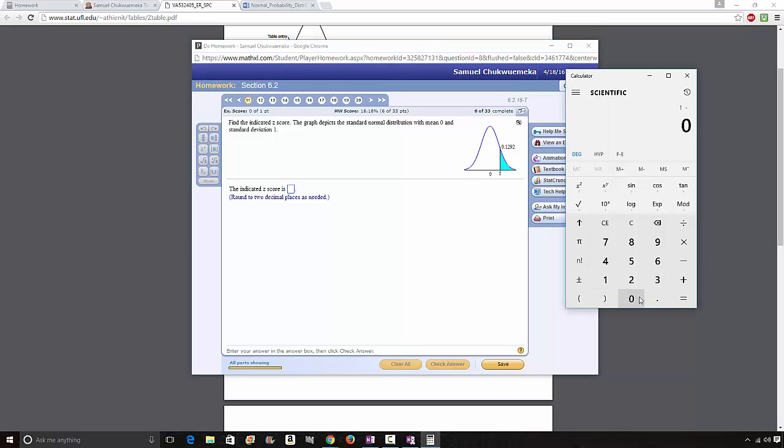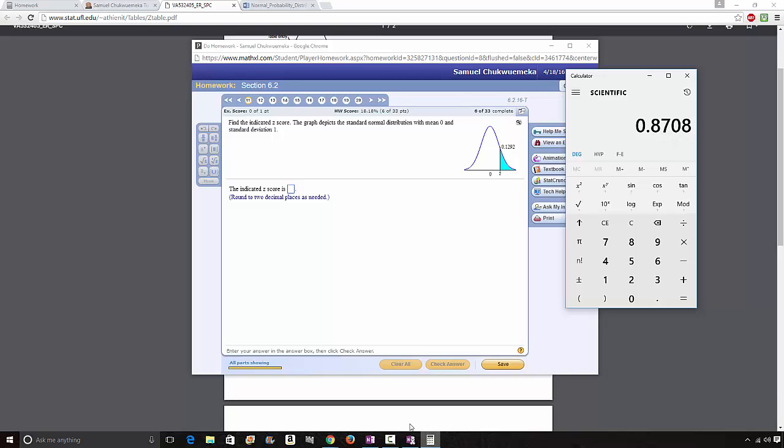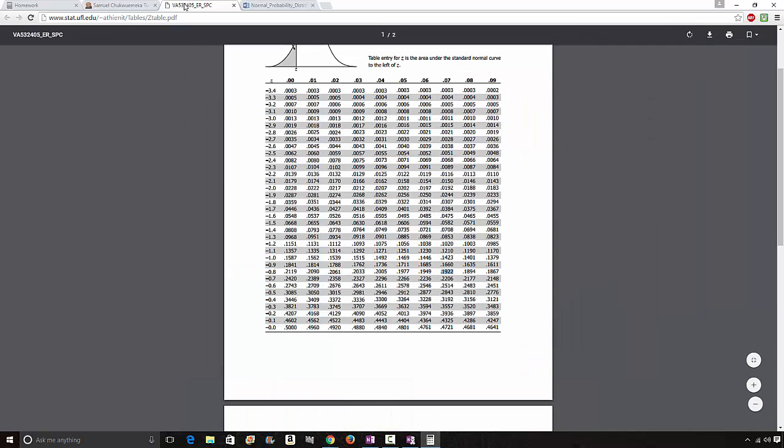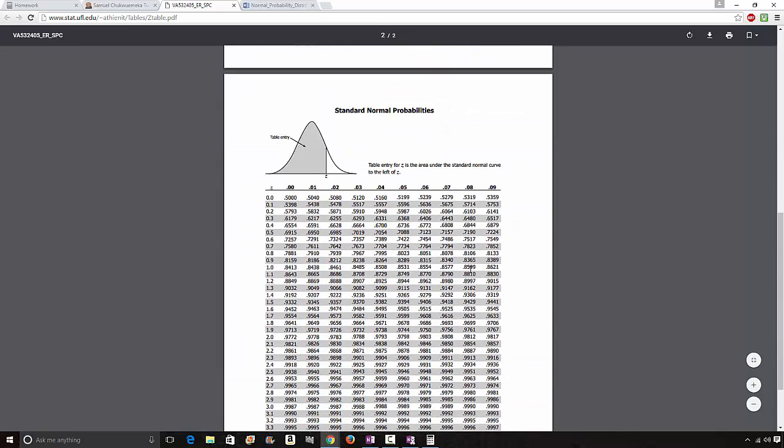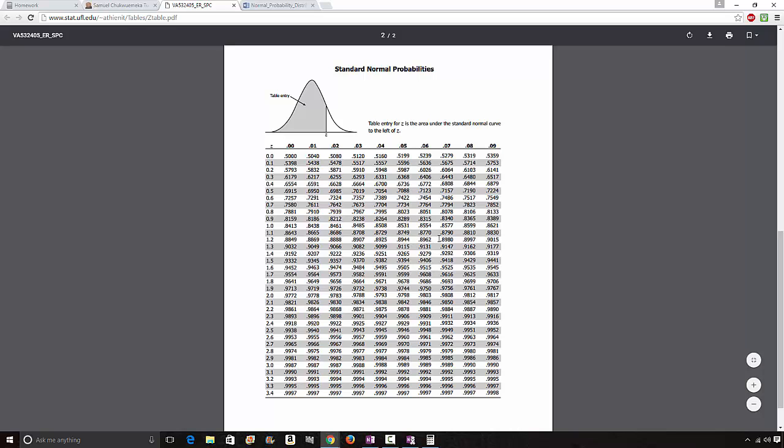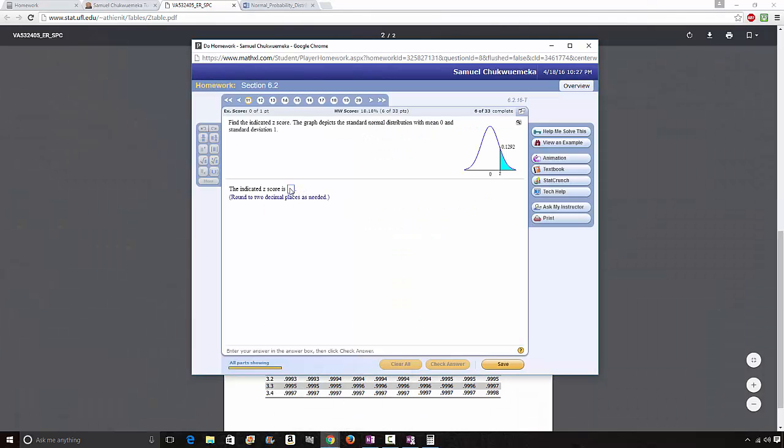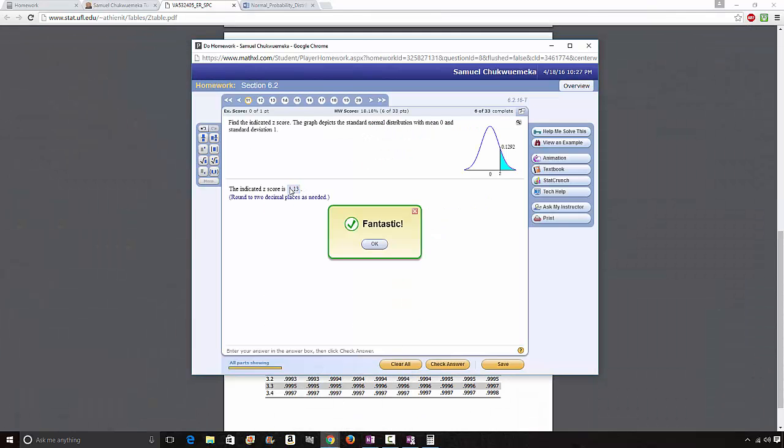That gives us 0.8708. So we come over here, 0.8708. There you go. See that? So that is 1.13. Okay. So we come over here, we put 1.13.